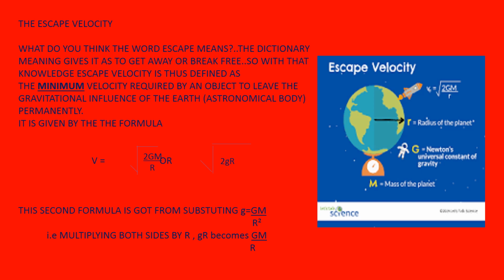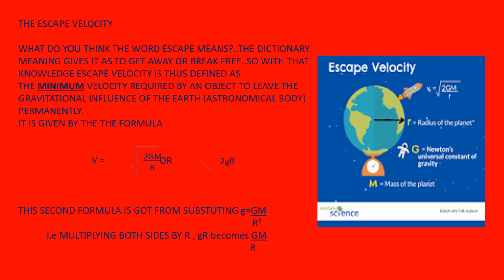So that velocity in question there is the escape velocity, and it is given by the formula v is equal to square root of 2GM all over r, or square root of 2gr. And this second formula is as a result of substituting the formula small g is equal to big GM all over r square into the first formula given above.